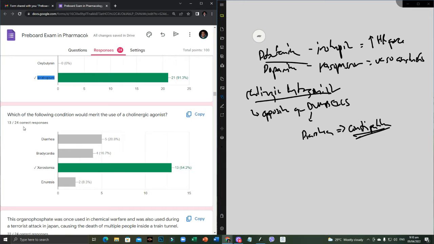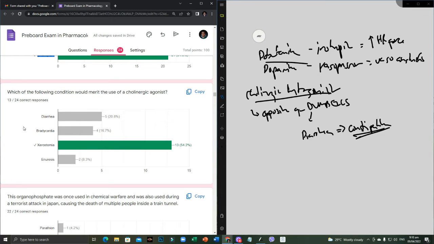Which of the following conditions would merit the use of a cholinergic agonist? Obviously, class, you won't give a cholinergic agonist to people with diarrhea, bradycardia, and enuresis because this will exacerbate the condition. Normally, class, a cholinergic agonist would be ideally used for patients with xerostomia, or what we call dry mouth.